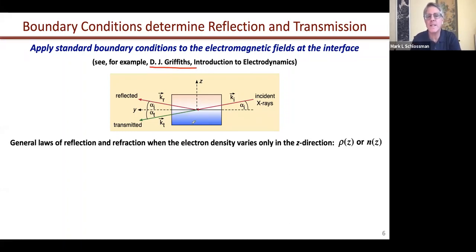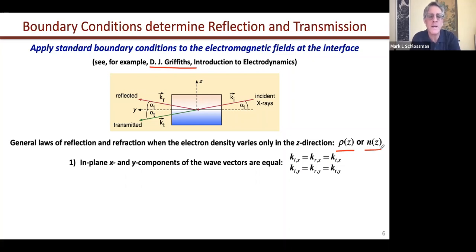So one of the key things here is that the only thing that's changing in our sample, or the only thing that we're modeling really, is the electron density variation with z, or equivalently, the index of refraction variation with z. And so under that condition, the general laws of reflection and refraction, as you could look up in these books, tell you that the in-plane components, that is within the plane of the surface, that the x, the y is in this direction, x is coming out, the x and y components of the wave vectors are equal.